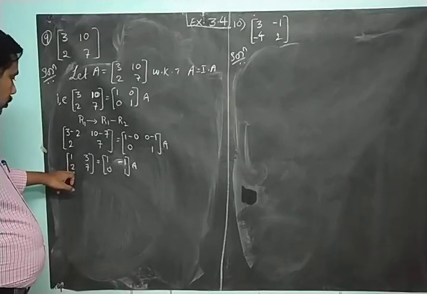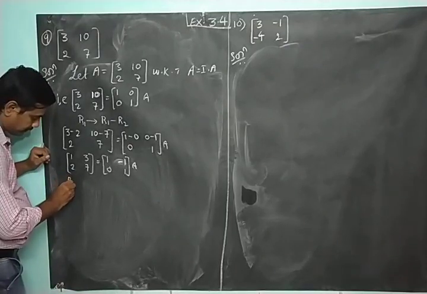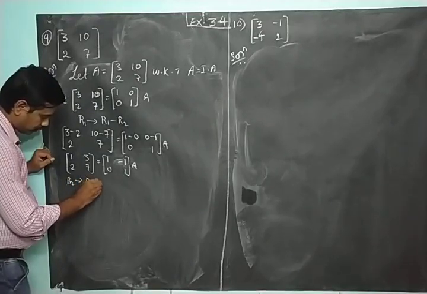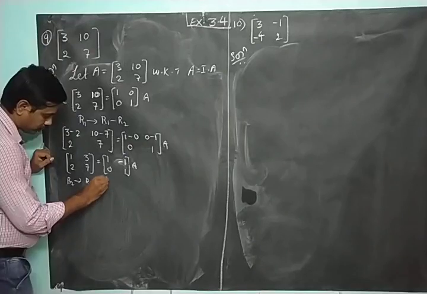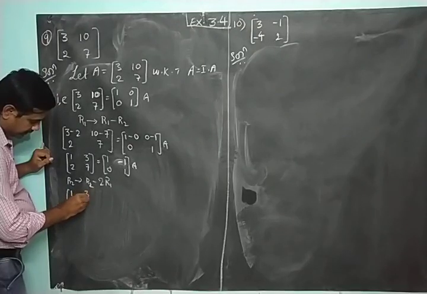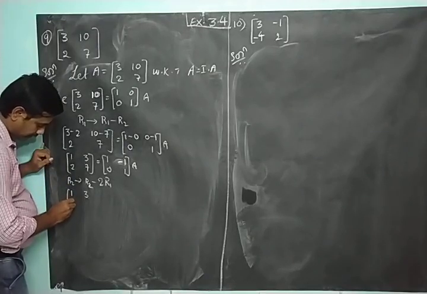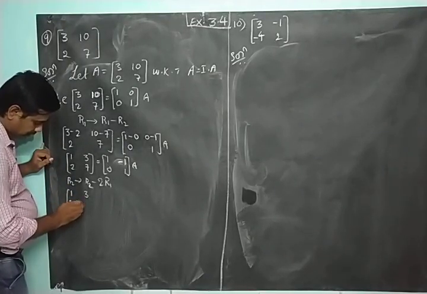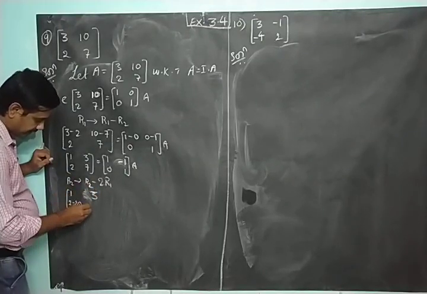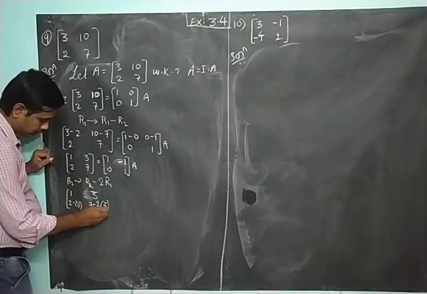Now we can make this 2 as 0. How to make this 2 as 0? Operating with row 1. Row 2 changes to row 2 minus 2 times row 1. So 1, 3 remains as it is. 2 minus 2 into 1, and here 7 minus 2 into 3.